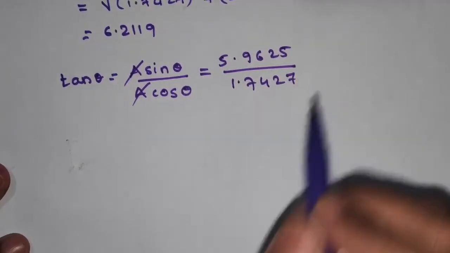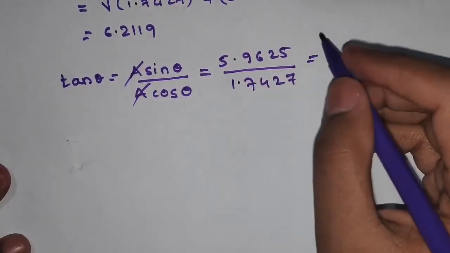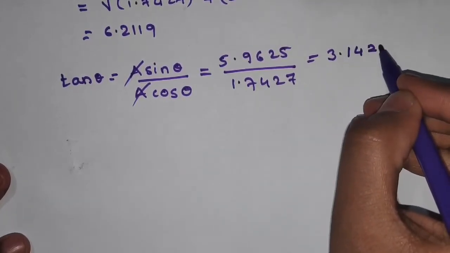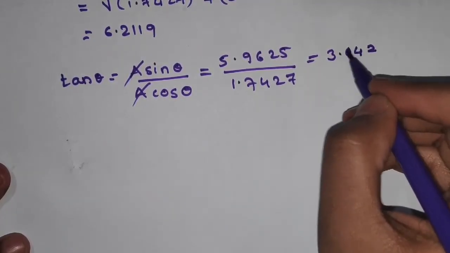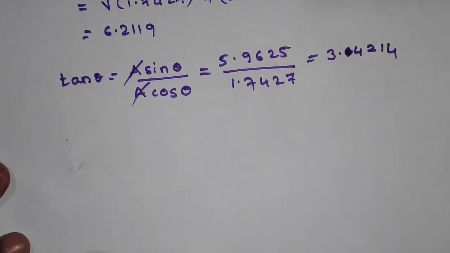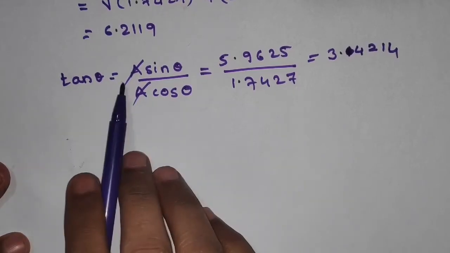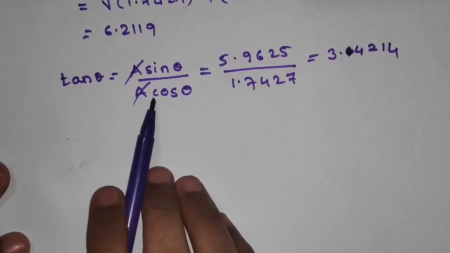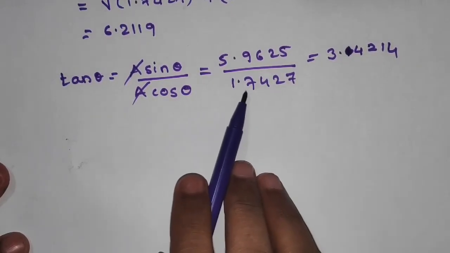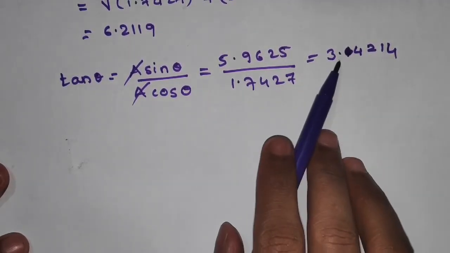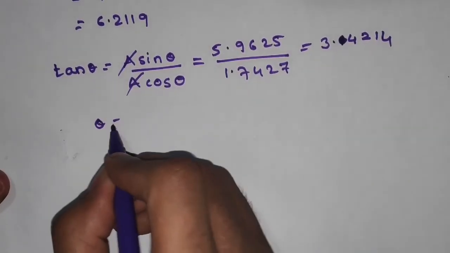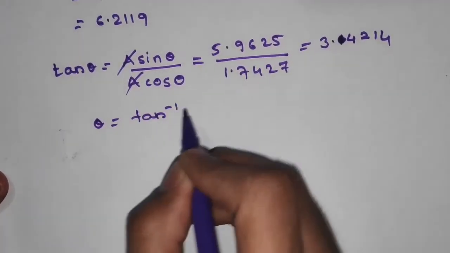Upon simplifying, we get 3.4214. So tan theta is a sin theta upon a cos theta, which is 3.4214.